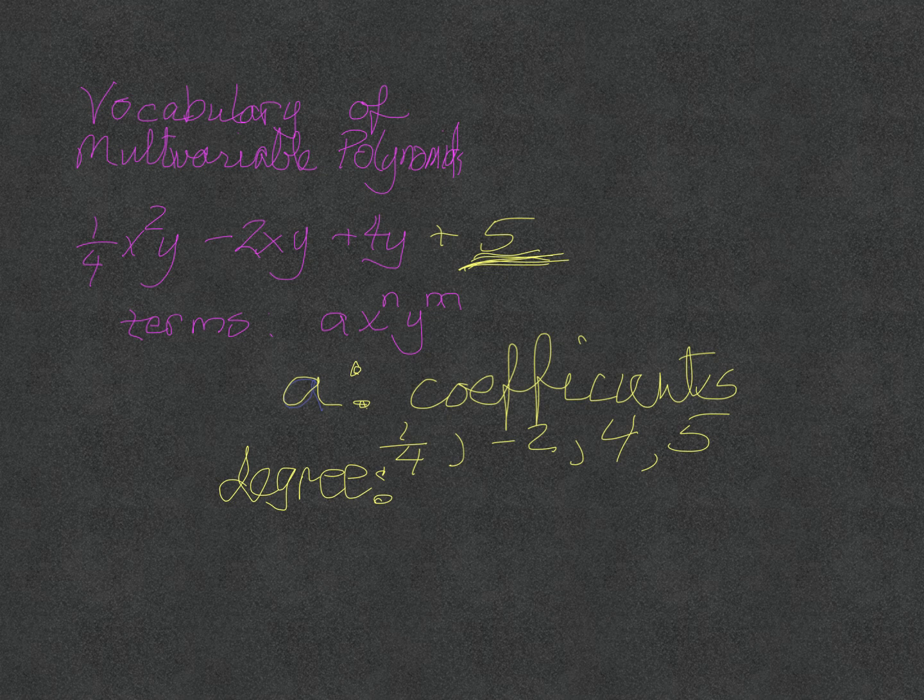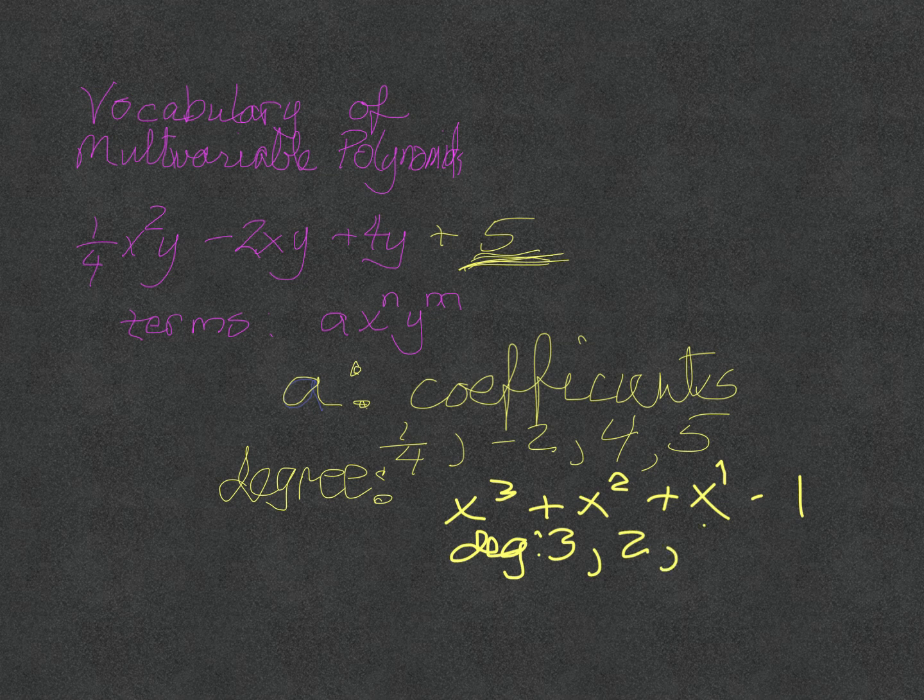So, for instance, if we had x cubed plus x squared plus x minus 1, then the degree of the x cubed would be 3. The degree of the x squared would be 2. The degree of the x, that's x to the first power, would be 1. And the degree of the constant term is 0, because we could write it as 1x to the 0 power, and x to the 0 power is just equal to 1.